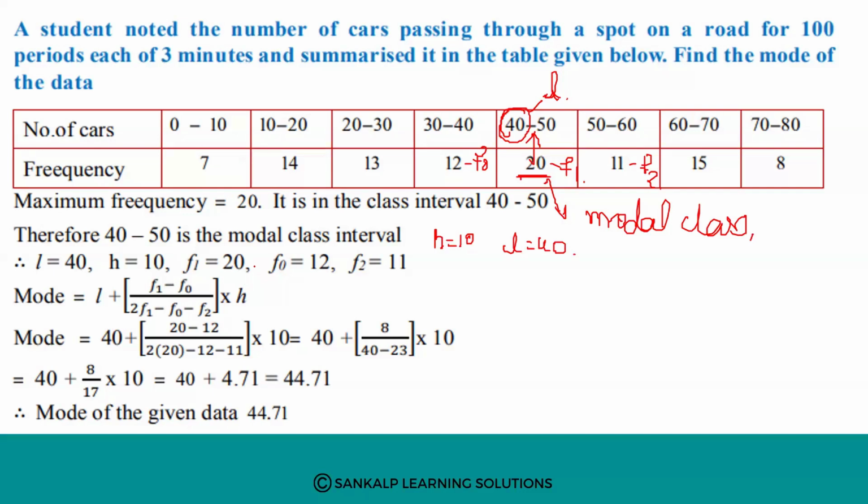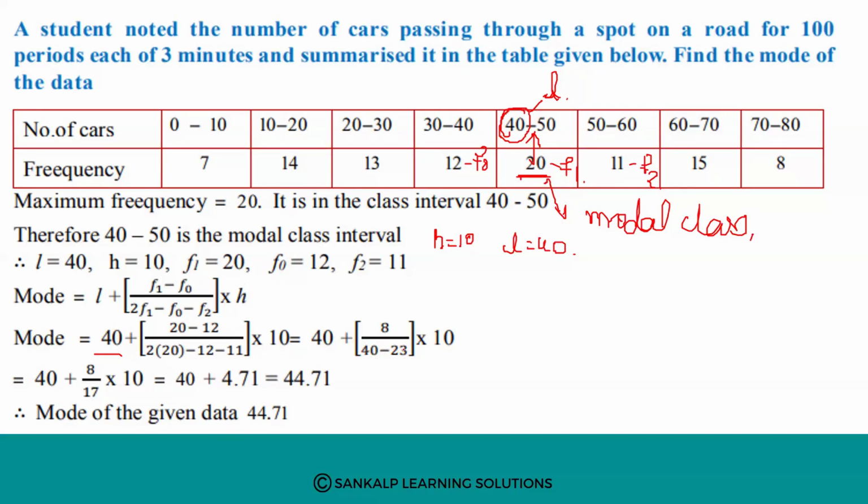By substituting all these values in the formula, we get L is 40 plus (20 minus 12) divided by (2 into 20 minus 12 minus 11) into 10. 40 plus 8, and 2 20s are 40, minus 12 minus 11 is 23.